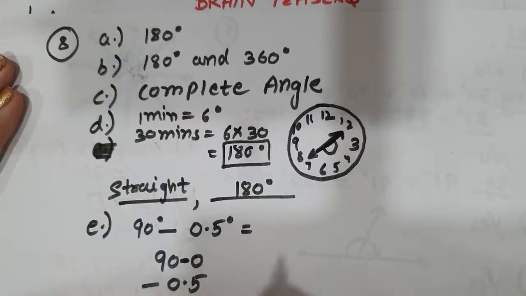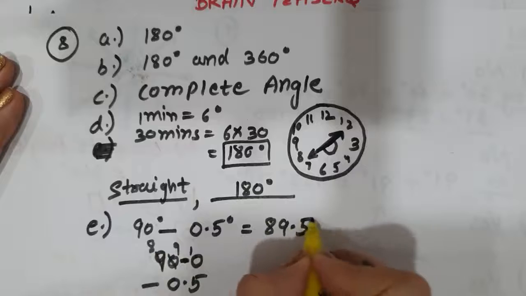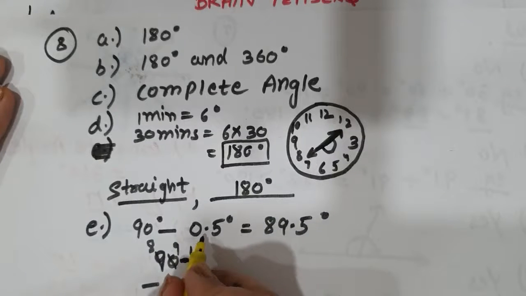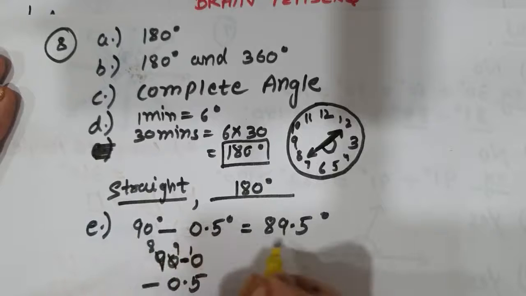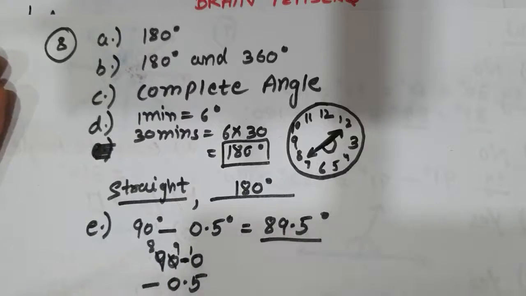If you subtract, you will get 5, and here you carried over. Here 9 and here 8. So this is 9, this is 8, and you get 89.5 degrees. Otherwise, you can do it orally also. 0.5 means half. 90 minus half is 89 and a half. That is 89.5. This is the answer.